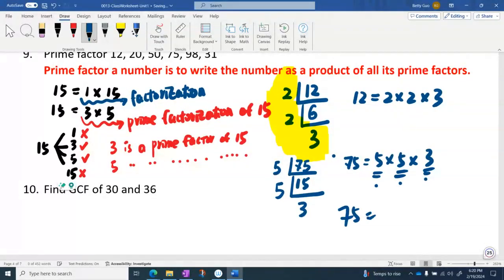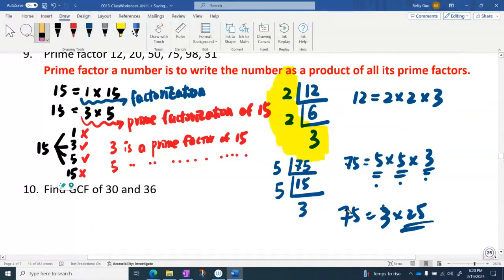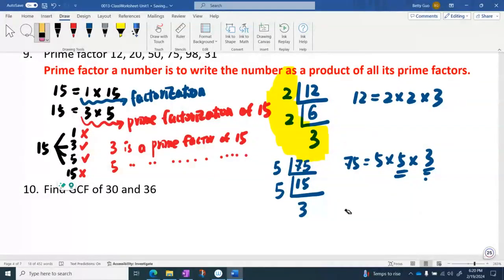But if you only write 75 as 3 times 25, that factorization is not a prime factorization because 25 is not a prime number. In order to be the prime factorization of a number, all the factors in the multiplication must be prime numbers. Do you have any questions?